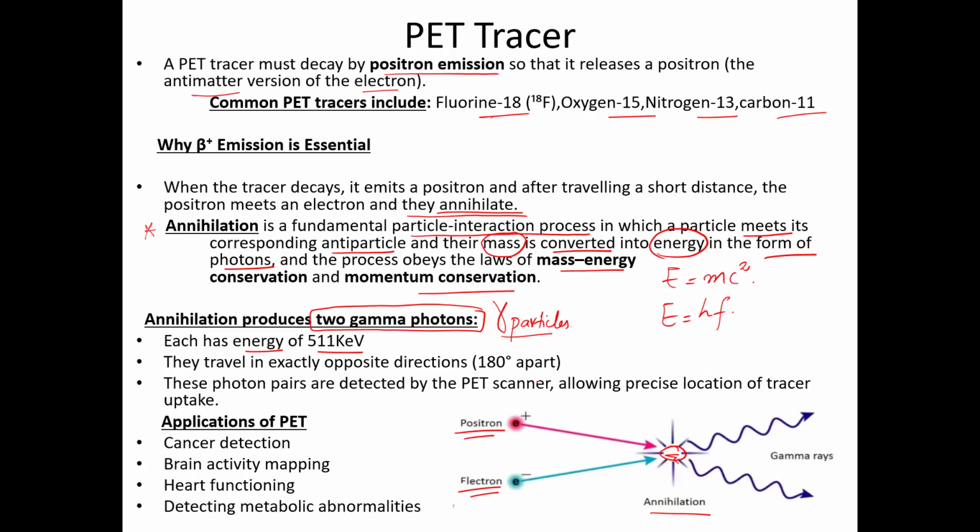And here the energy is being produced in the form of gamma particles. So two of the gamma particles will be produced, and both will be moving in the opposite direction, right? और वो दोनों gamma particles, ये जो आपका गोल सा रिंग है जिसमें बॉडी इंट्रोड्यूस की जाती है, उसमें डिटेक्टर्स लगे हुए होते हैं.